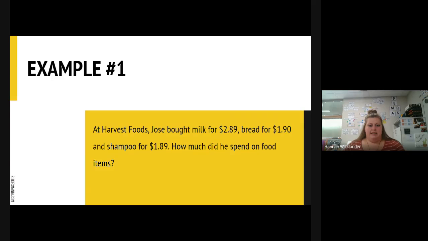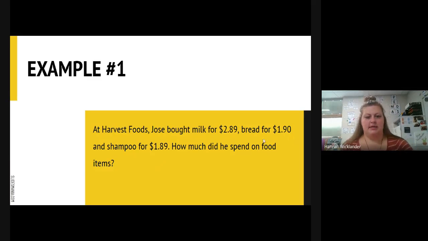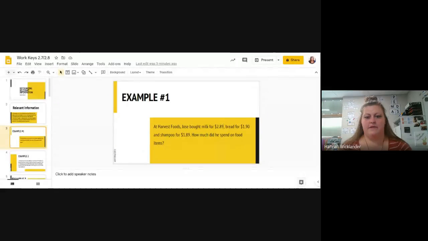I have milk for $2.89, bread for $1.90, and shampoo for $1.89. What am I actually going to need to solve the problem? The milk cost and the bread cost. The shampoo is garbage. I don't need that. That's extra fluff that's just trying to confuse me.